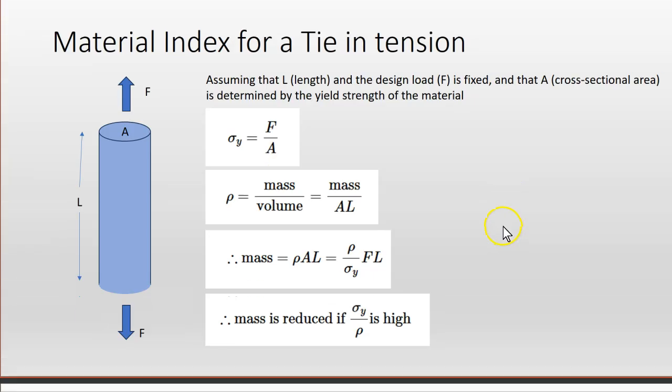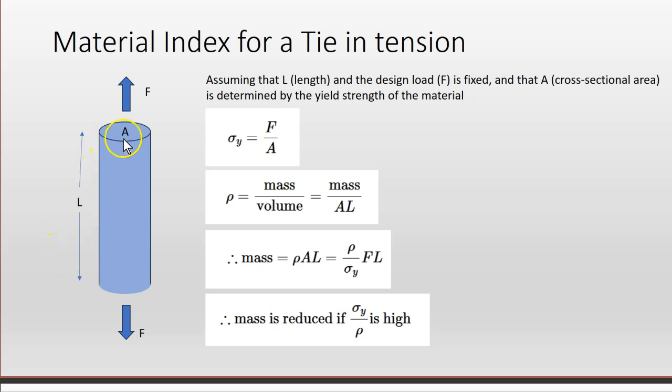So what do I mean by a materials index? We can do a mechanical engineering analysis of our situation to determine what particular ratios of material properties we want to maximize. In this case, we want to design a tie. A tie is a member in tension.